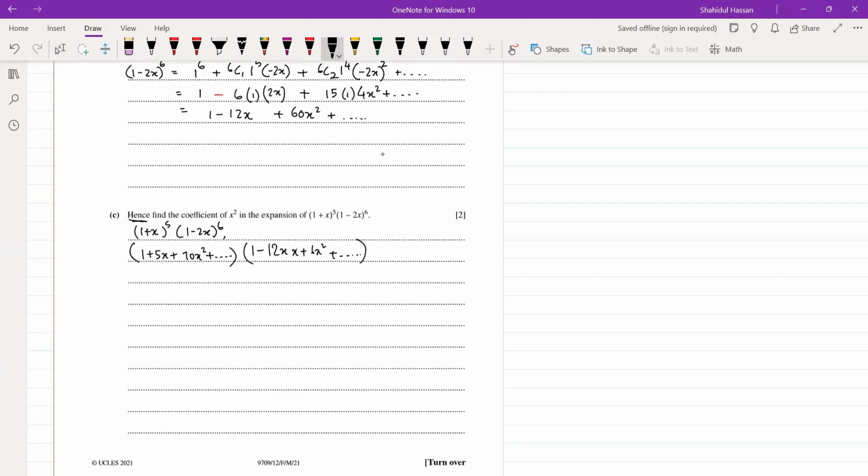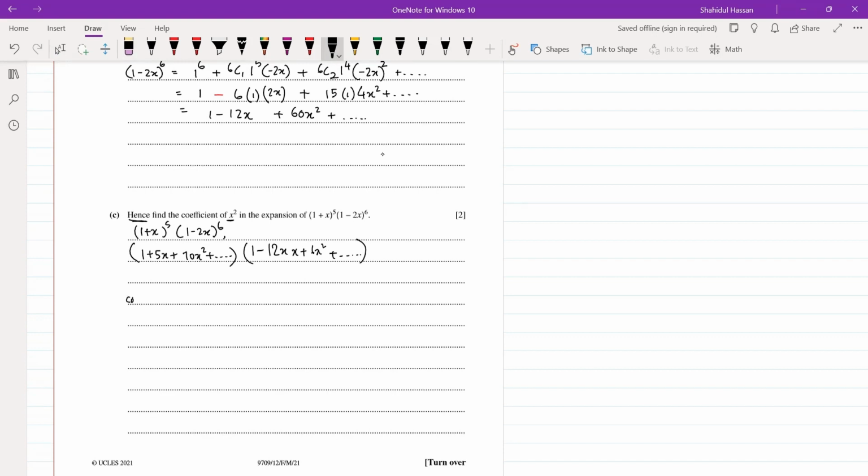If I multiply this, 1 should be multiplied with everything, 5x should be multiplied with everything, 10x squared should be multiplied with everything. Then it would be a huge task. The question says find the coefficient of x squared, so we don't have to multiply everything.